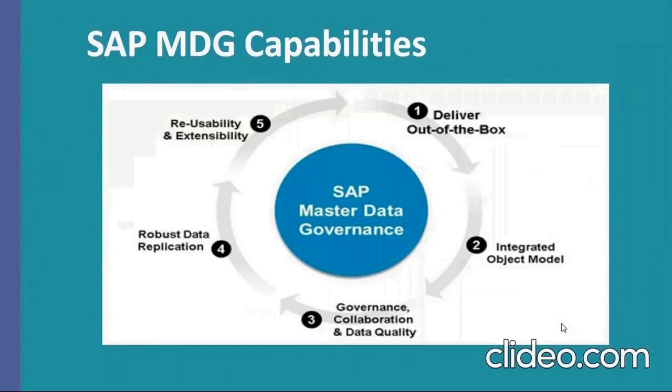Okay. Now here you can see in the capabilities, out-of-the-box delivery. Out-of-the-box delivery means SAP MDG provides a lot of standard templates to deal with the central data model, the user interface, and some other things as well.